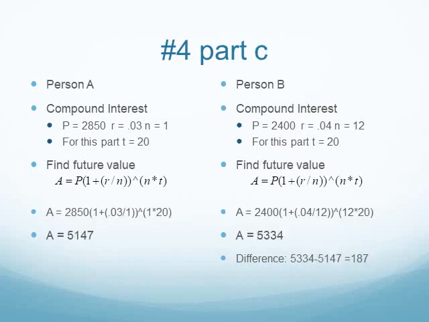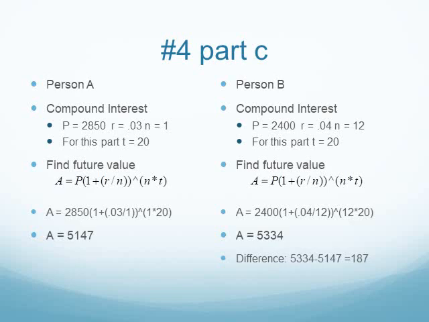All right, finally, after 20 years, person B is making more money than person A. Like I said, the only thing that's changed is the time, at the very end of the line there. You see time has changed to 20. Plug it in your calculator.